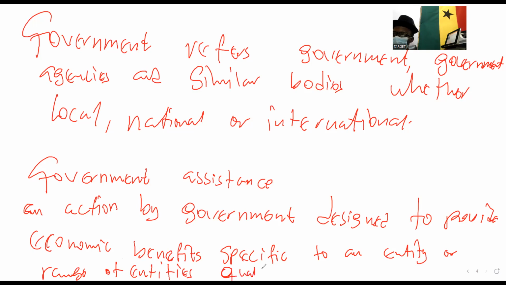Qualifying, and like the word qualifying, under certain criteria. So it's not anybody that government assists. Qualifying under certain what? Criteria. It's not any entity at all that government will assist. No, there's a criteria. If you meet that criteria, come for the assistance.